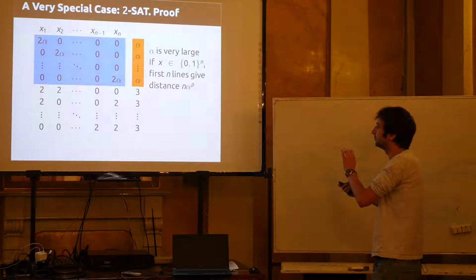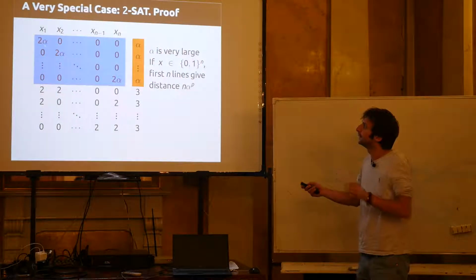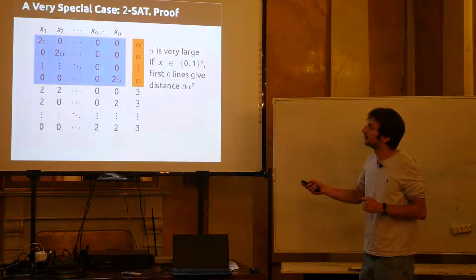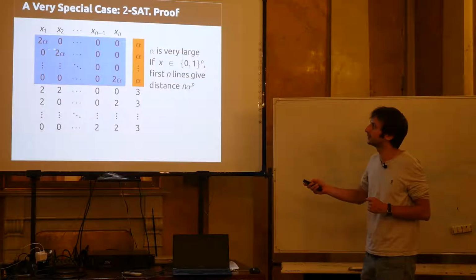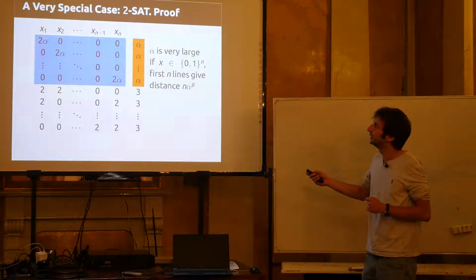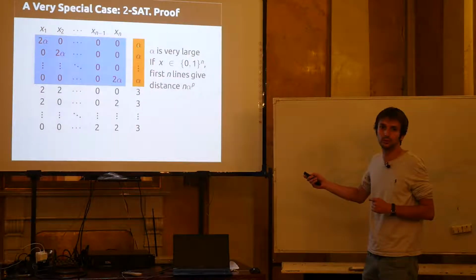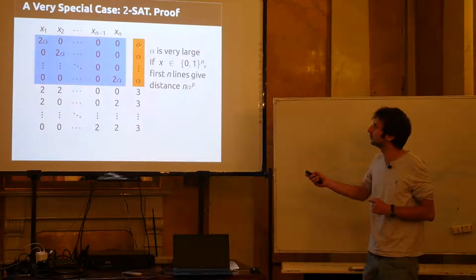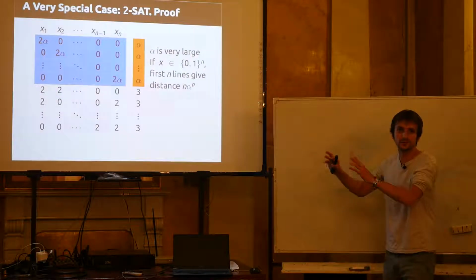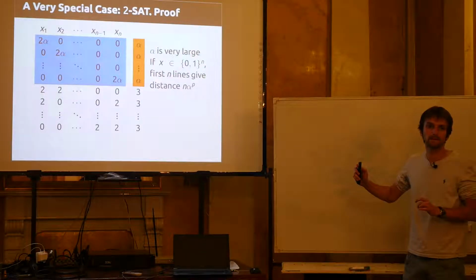So if it happened to be 0 or 1, which is good for me, then here you have coordinate either 0 or 2 alpha. Here you have either 0 or 2 alpha. Here you have either 0 or 2 alpha. And in the target point, you always have alpha. So your distance will always be alpha, to the power of p or whatever. Make sense?